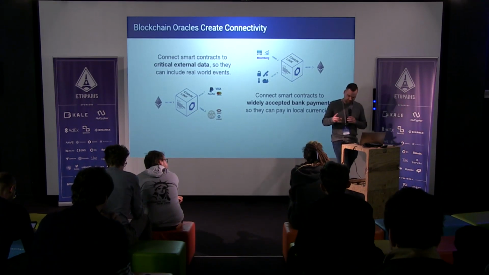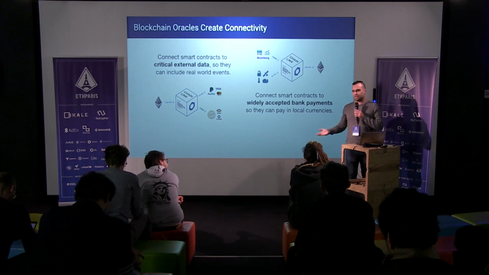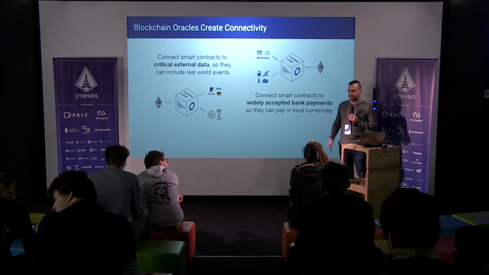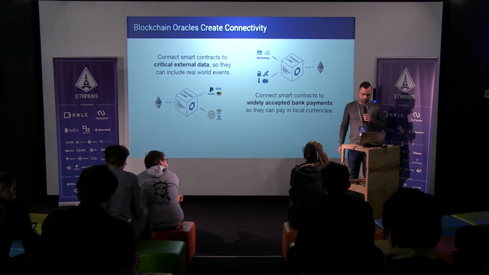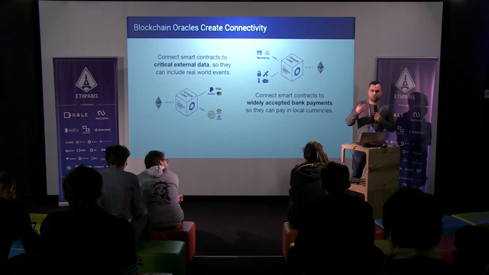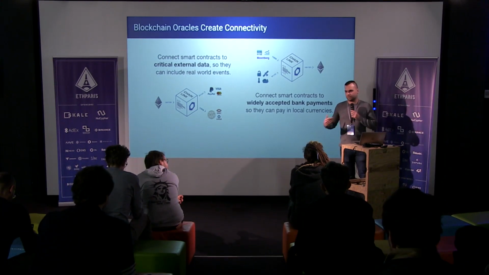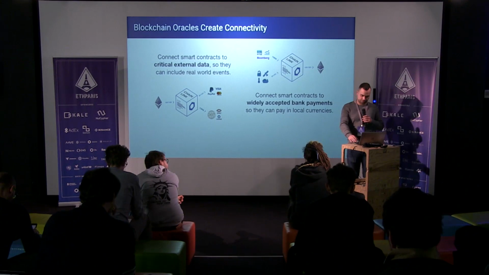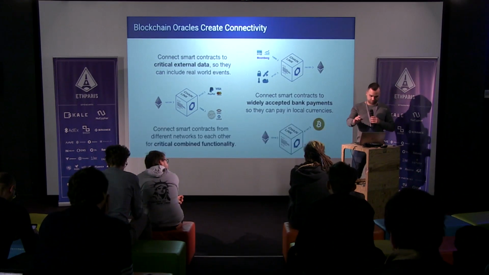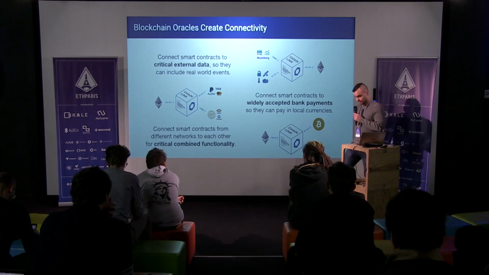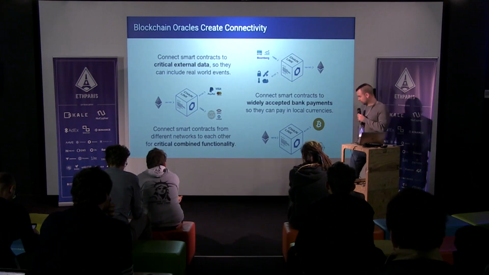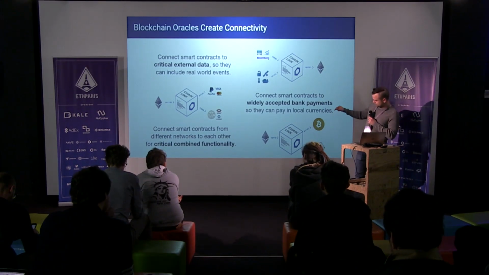So Chainlink is also allowing people to connect their contracts to payment gateways, like PayPal, for example, so you can actually trigger real payments from the events of a smart contract.